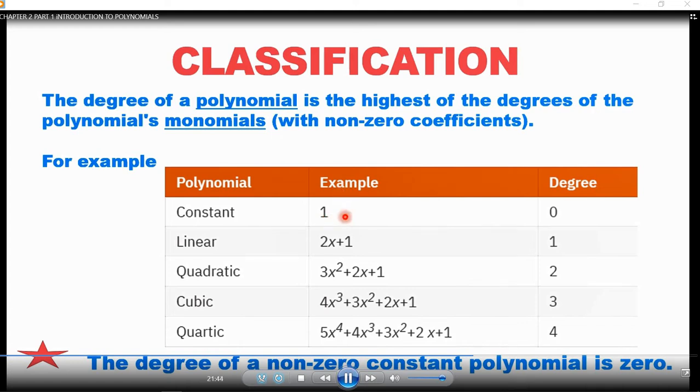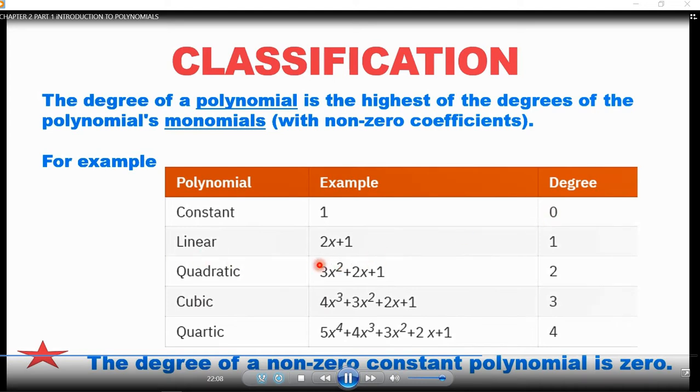X power 0 is 1. This rule you already studied in lower classes in powers and exponents. Which rule? A power 0 is 1. So x power 0 is 1, and 1 into 1 is 1. So what is the power over here? It is 0. Hence the degree is 0.